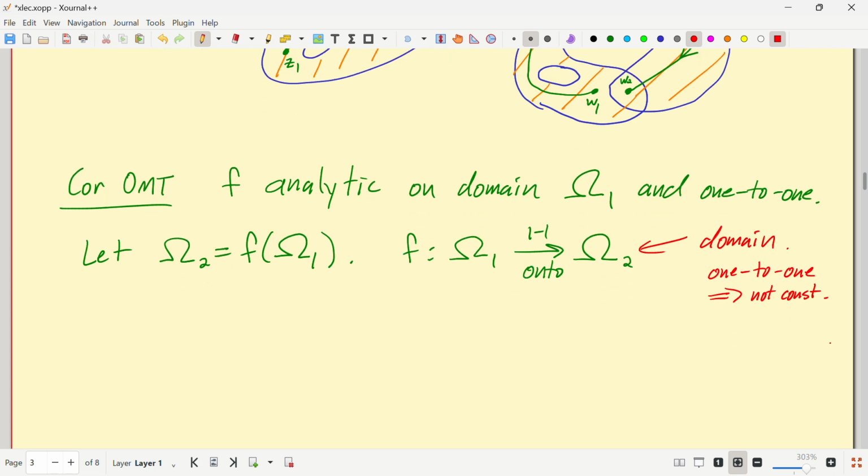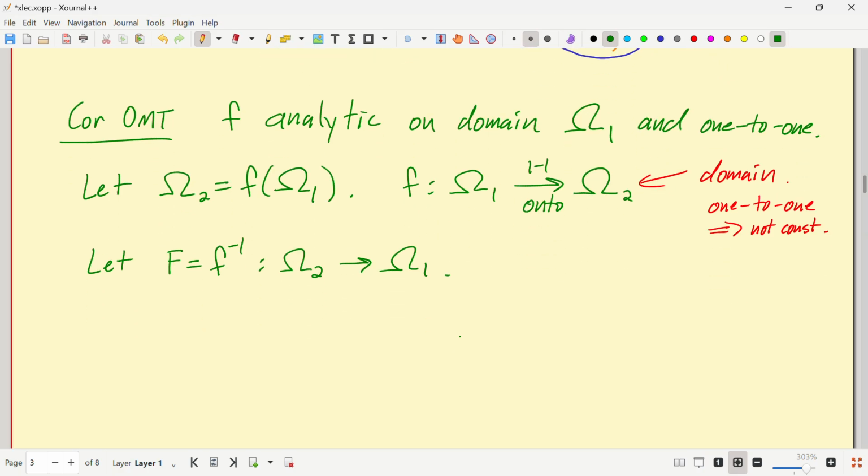Well, if I have this map that's 1 to 1 and onto, so the inverse exists. Let's let g equal f inverse. And that's going to map omega 2 to omega 1. Well, this corollary says that, let's note that the open mapping theorem implies that the inverse is continuous by that remark about the definition of continuity.